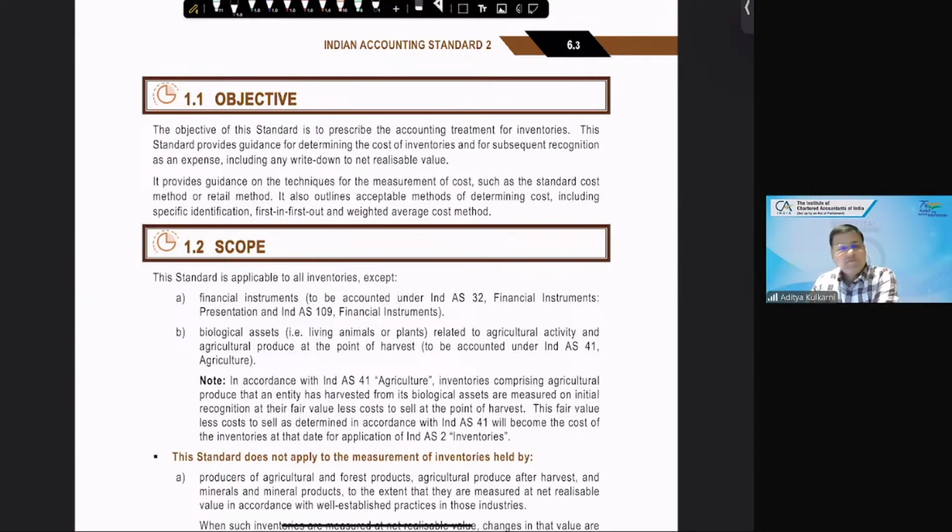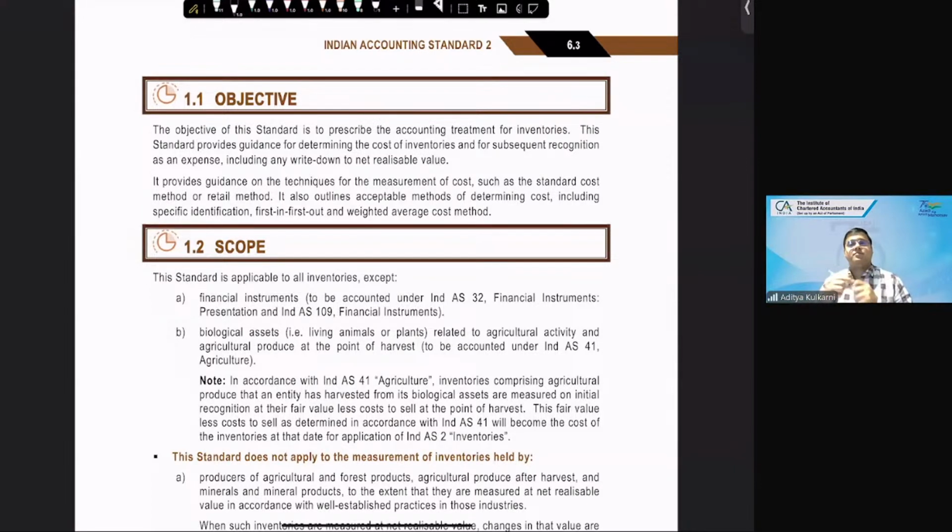As far as the statement of profit or loss is concerned, your inventory cost or cost of goods sold that we see in the statement of profit and loss is the single most major item of expense sitting in the statement of profit and loss. That is why this standard acquires enormous amount of significance.